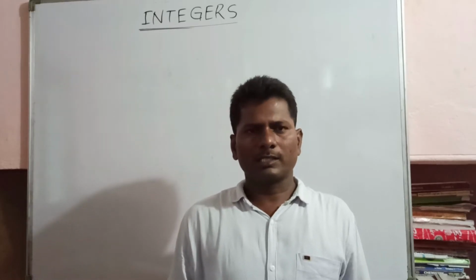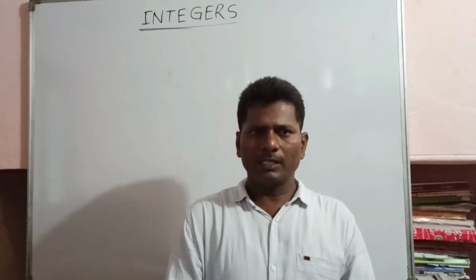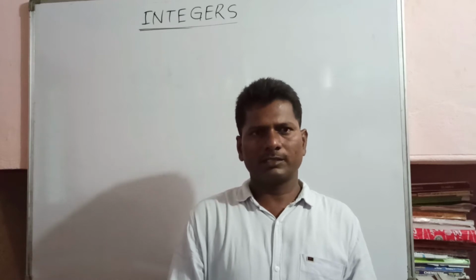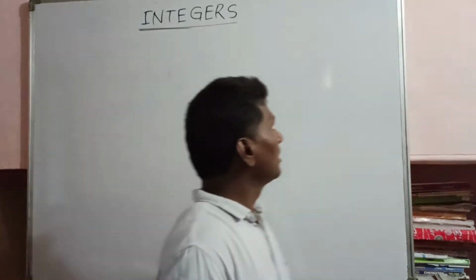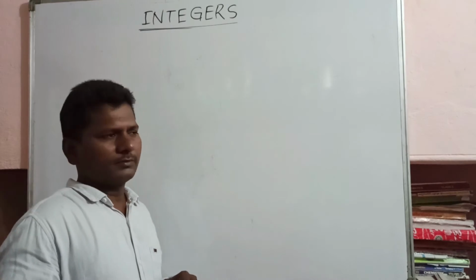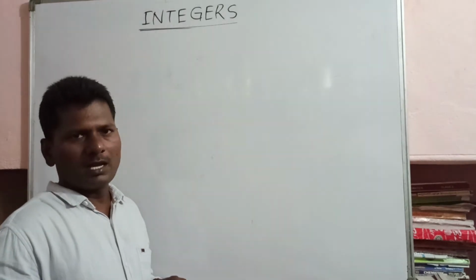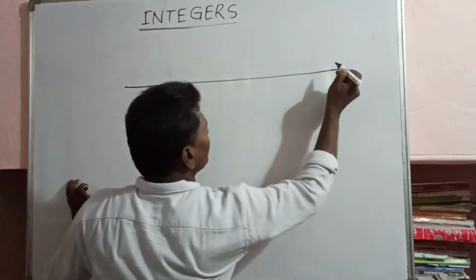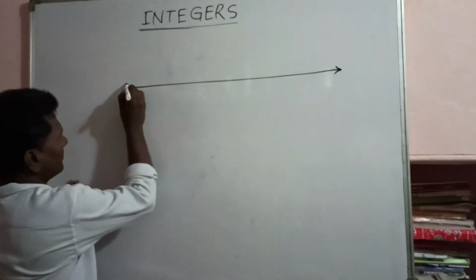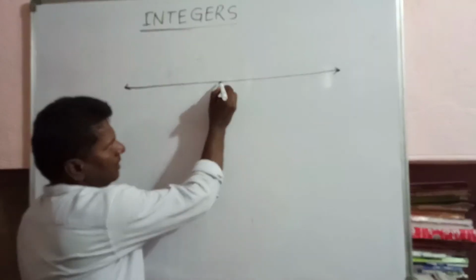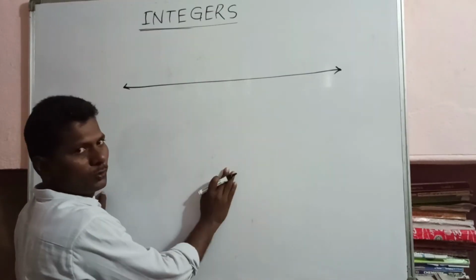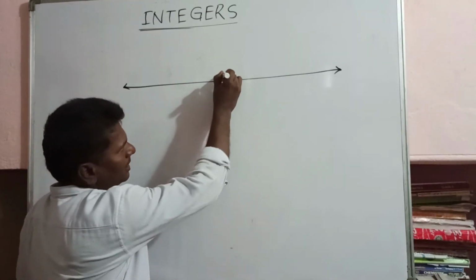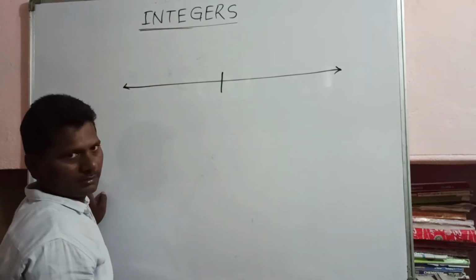Now let us learn how to represent these integers on a number line. To represent these integers on a number line, first draw a line, put arrow marks, and cut it into two equal parts. This is the midpoint of this line.